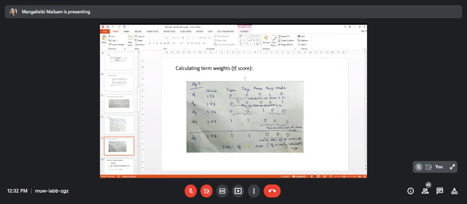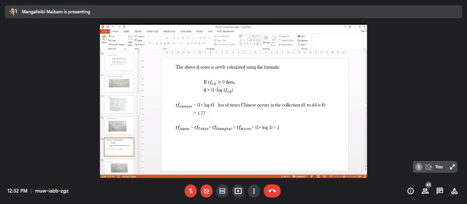This is how you do it in the Boolean retrieval method, writing the term incidence document matrix. In the term incidence matrix, if the term is present, you write 1, and if not present, you write 0. The same way here, instead of writing the binary representation of zeros and ones, we are calculating the TF score using the formula given here.